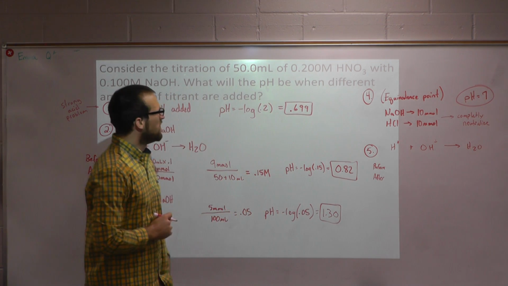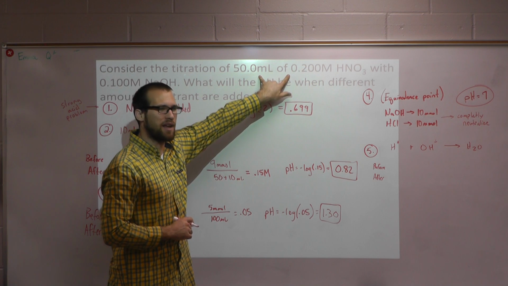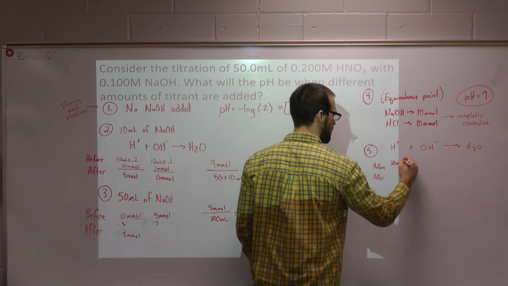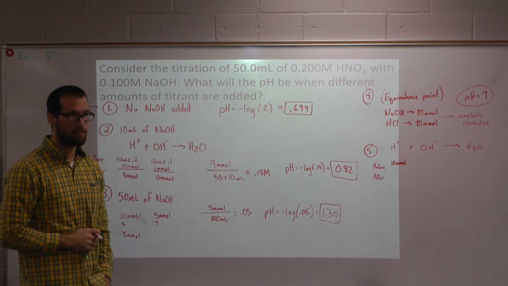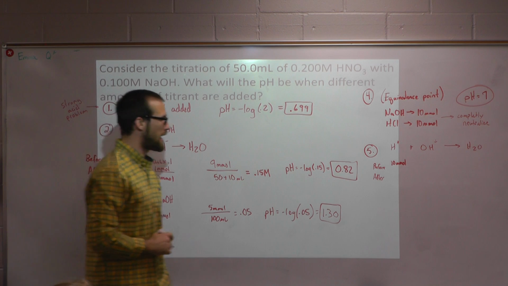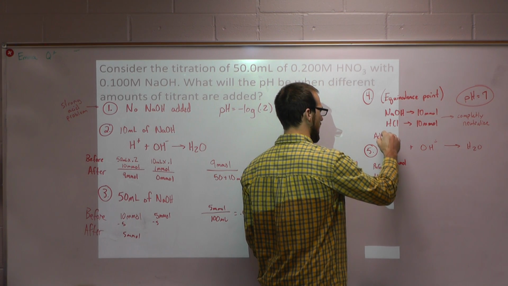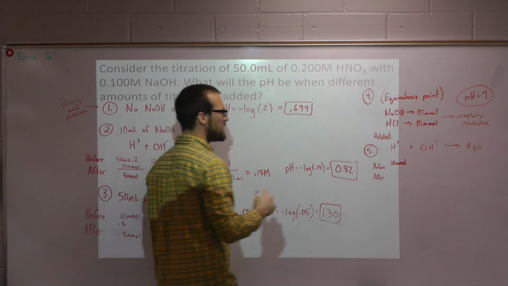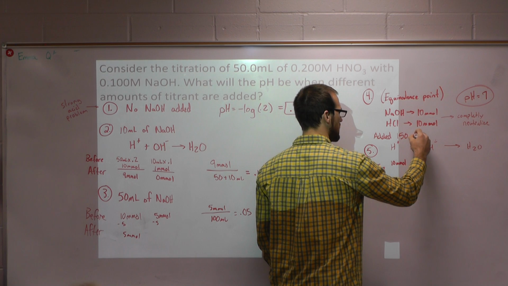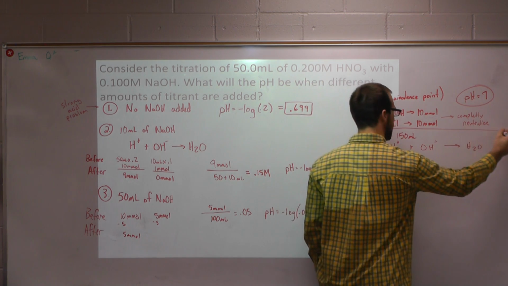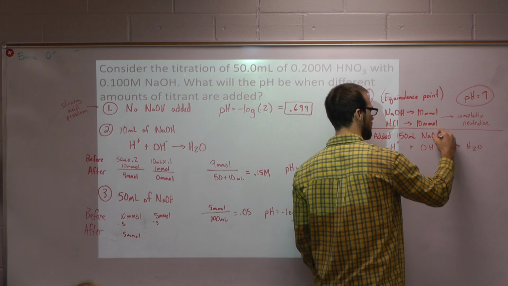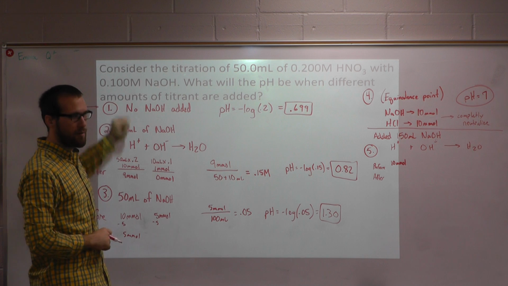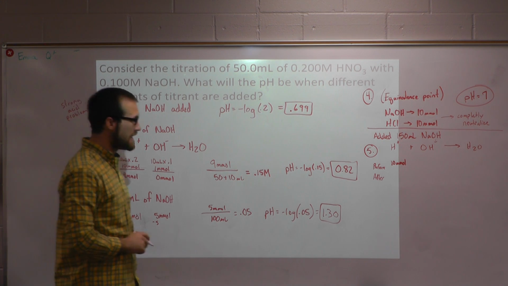Okay? We've only got so much of our strong acid, and we said we had 10 millimoles of that, right? Correct? Now let's say that we have added, let's see, 150 milliliters of my NaOH. 150 times 0.1 is how many millimoles? 15.